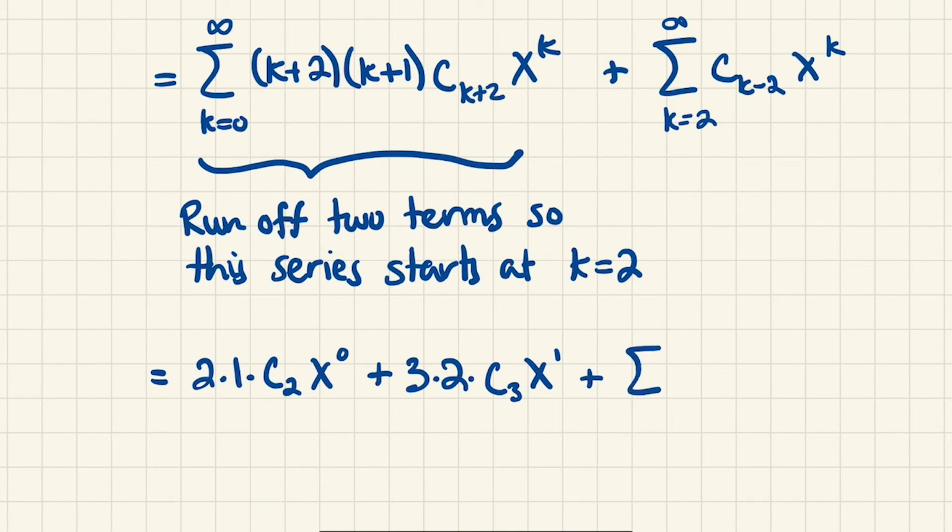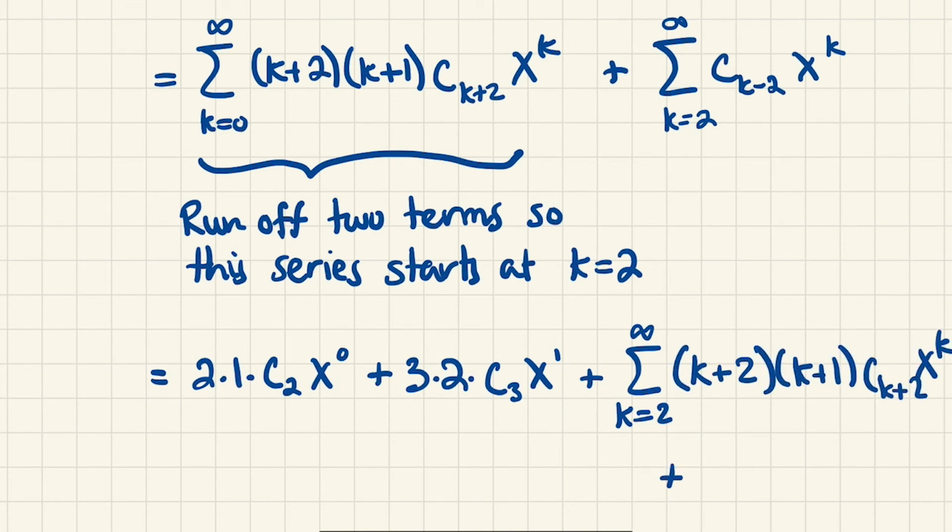And now we have all the other terms, which are 2 to infinity of this thing. And we're adding to that the other one. So now all the series, and here there are of course only 2, but they all start at the same index and they have the same power of k, which means finally we can sort of factor this sigma out of these 2 series and we'll have a single series.